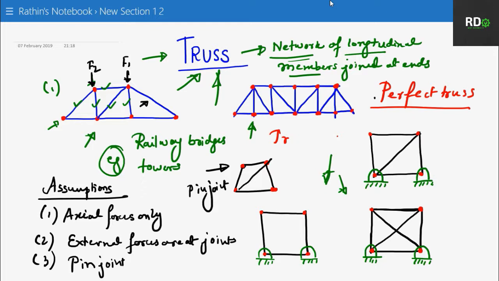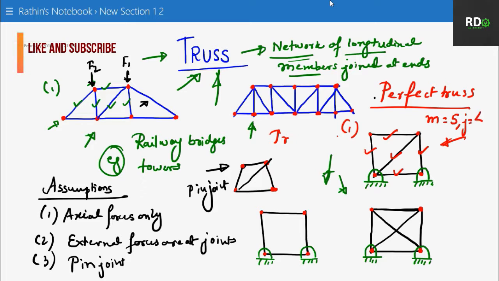You can see this example number 1. There are 1 member, 2, 3, 4 and 5 members, so m is equal to 5, and there are 4 joints, 4 red dots, so j is equal to 4.